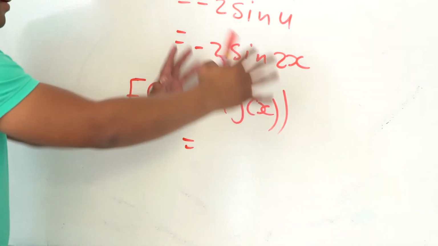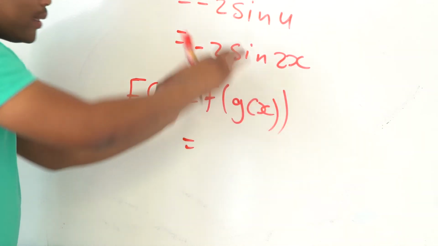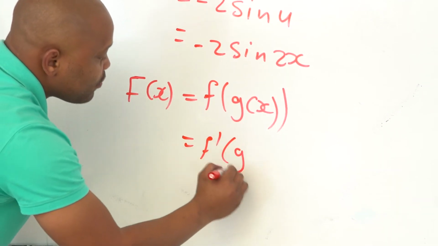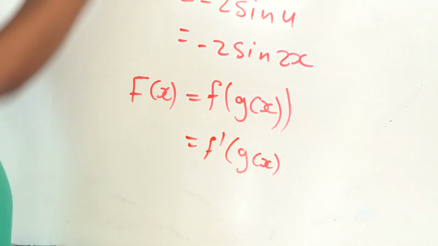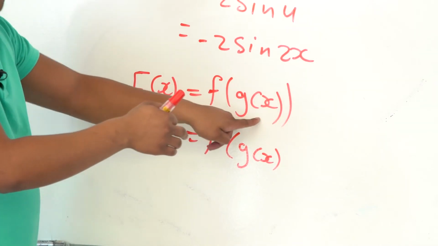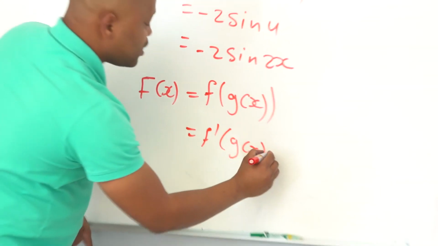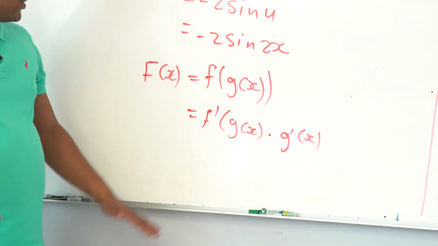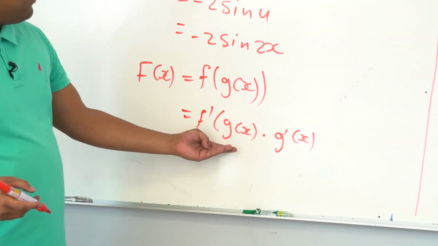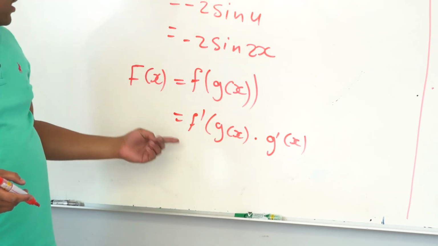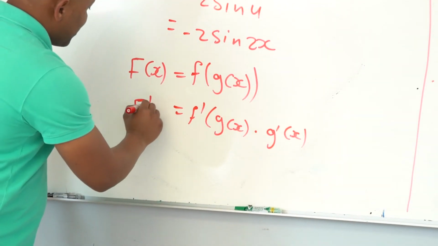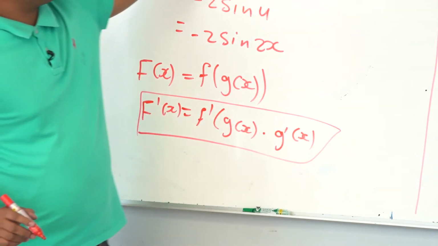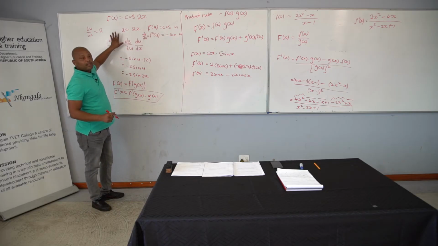You first derive the outer function, so you get f prime, but in terms of g of x. And then you go inside the function and also derive this one, so multiply by g prime of x. You can use this formula, that f prime of x equals this, if they don't tell you to follow the steps, or you can just follow the steps if you're comfortable with that.